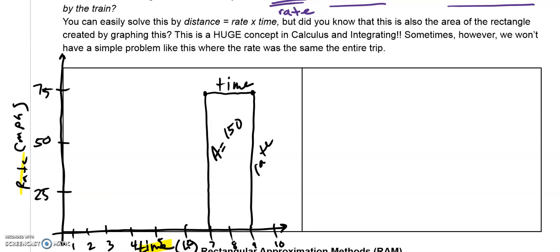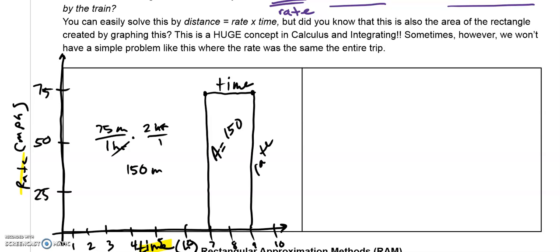In order for this to make sense, remember, if you have rate times time, you would have miles per hour times hours. So you would have 75 miles per 1 hour times 2 hours, and that's where your hours would cancel and you would have 75 times 2, which is 150.